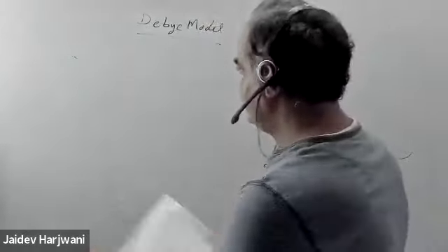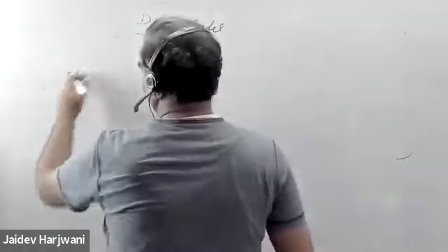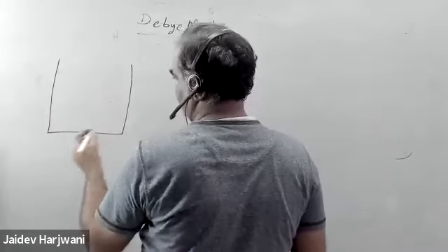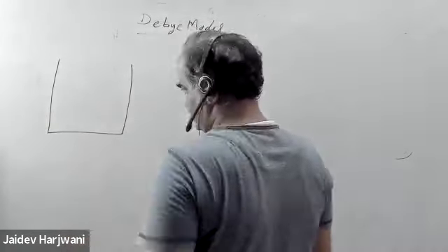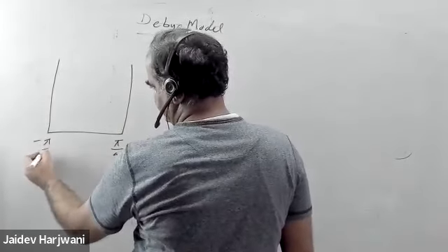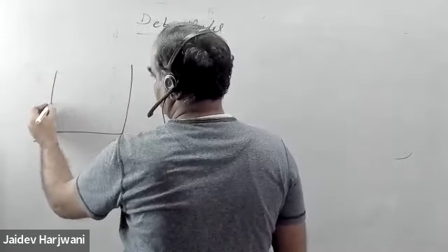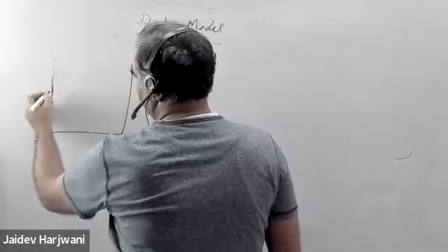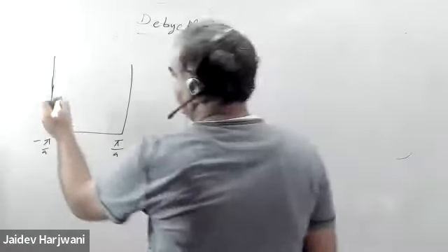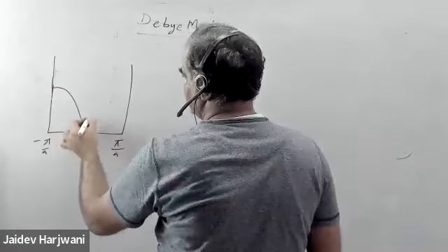We have seen the phonon curve yesterday. So this was pi by a, this was minus pi by a, and this is how my K varies.